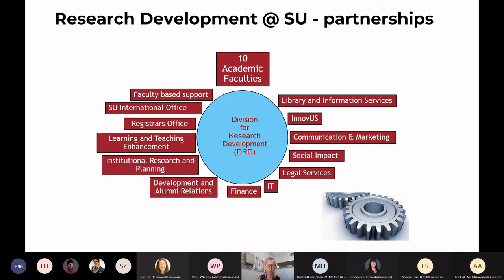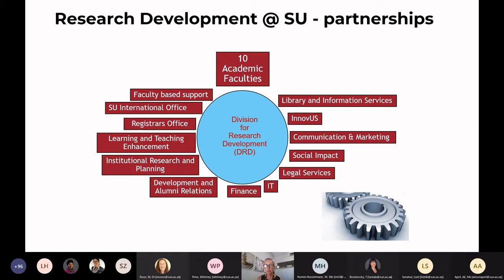We work closely with the international office, the registrar's office, learning and teaching, institutional research and planning, development and alumni, finance, IT. We are closely linked with all of those, where in many cases we have to hand over a baton, like with Innovus, when it comes to commercialization, for example. We hand over to them and they will carry it further. So we link up very closely with all of these other divisions.